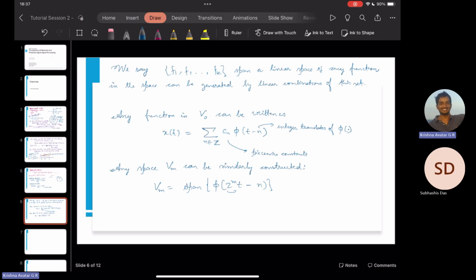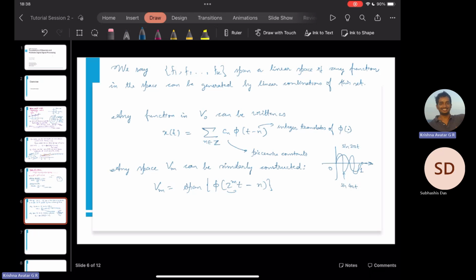So for example, say you have 0 to 1, and say we have sine of 2 pi t. In that case, it will be something like this. Now, when you have say sine 4t, then it will first move till here and again repeat it. So this is like sine 4t.